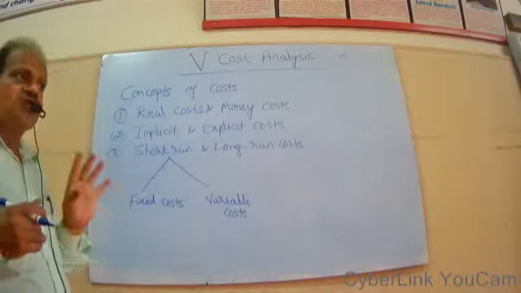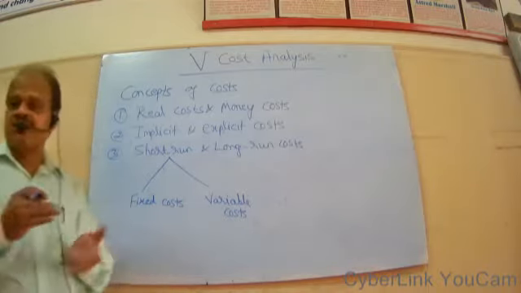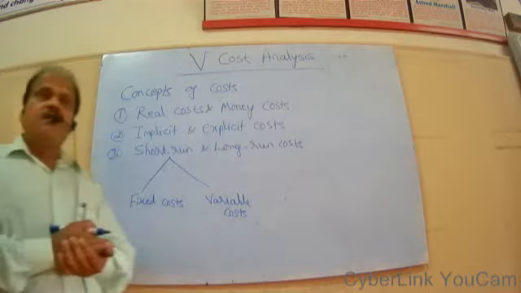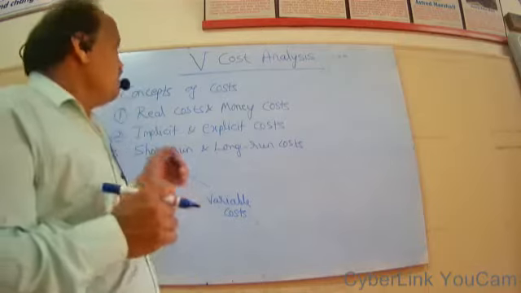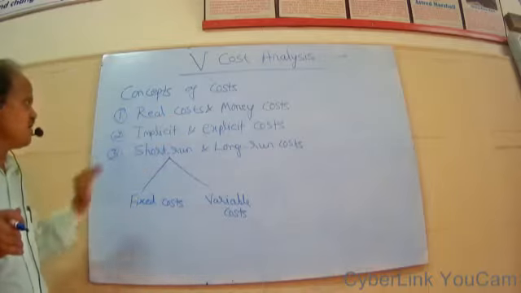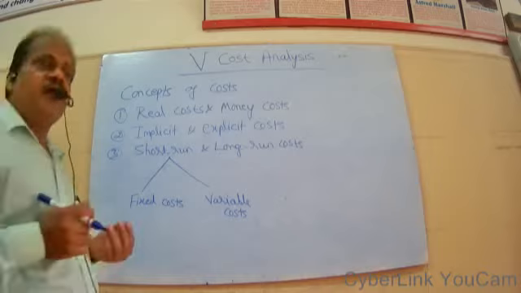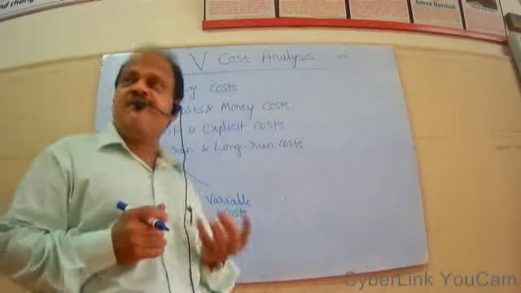So all these costs are considered as real costs and they cannot be measured because it is purely a subjective concept. Real costs cannot be measured, but it has to be borne by every producer while producing a particular commodity or a service.